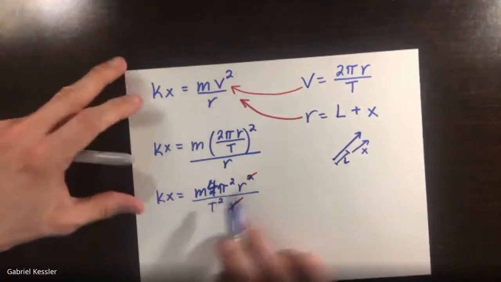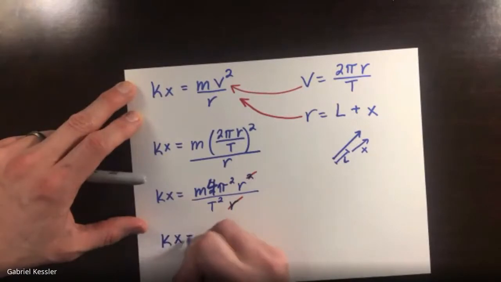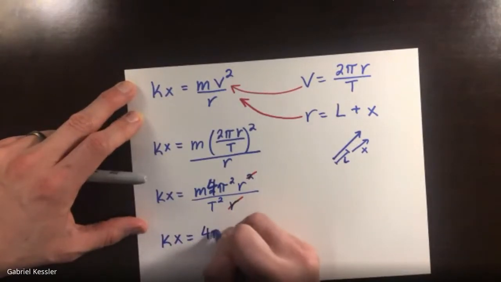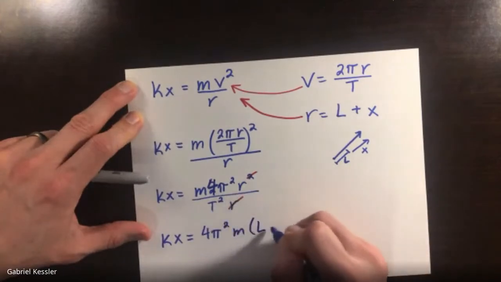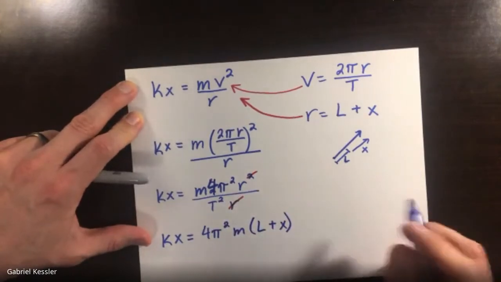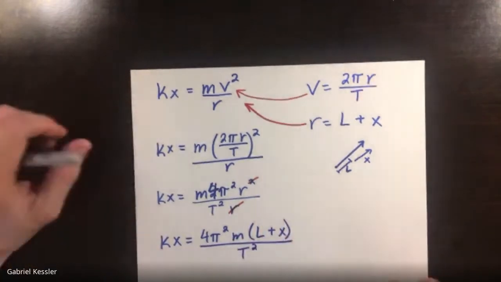Okay, so now let's plug in that radius. So kx equals 4 pi squared m times r, which is L plus x, and then we divide by the period squared.